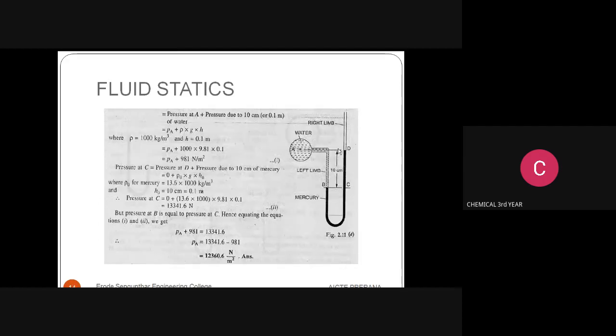Pressure at B is equal to pressure at A plus pressure due to 10 centimeter or 0.1 meter of water, which is equal to PA plus rho into g into h, right?